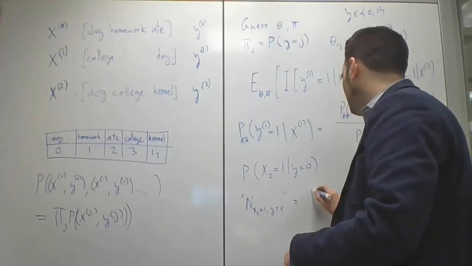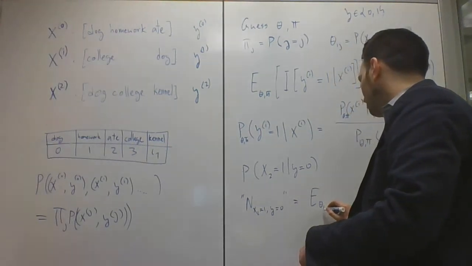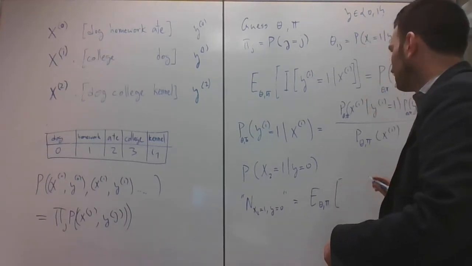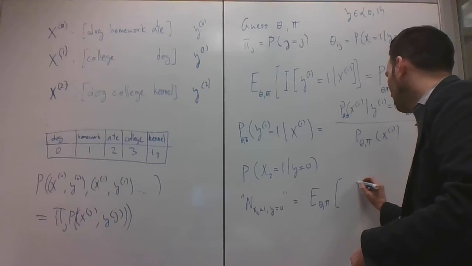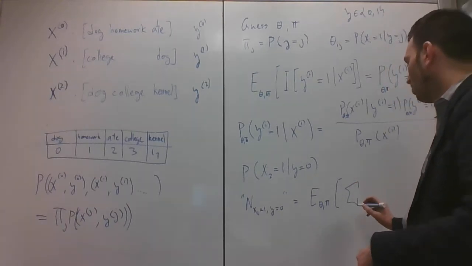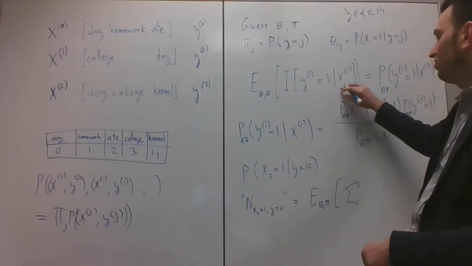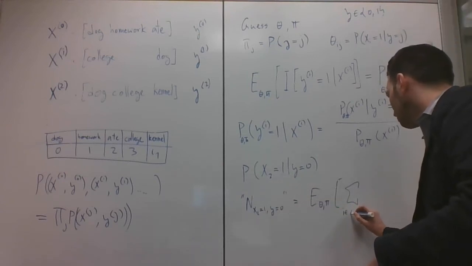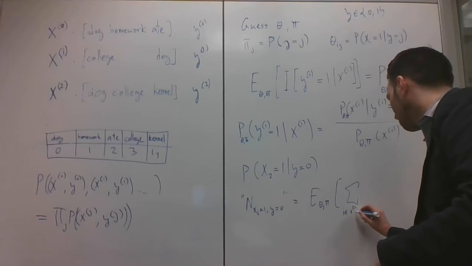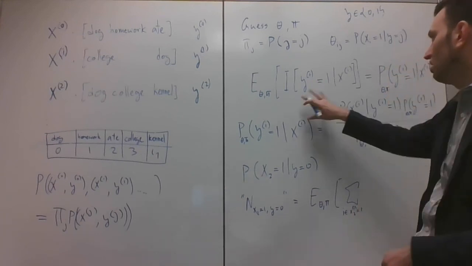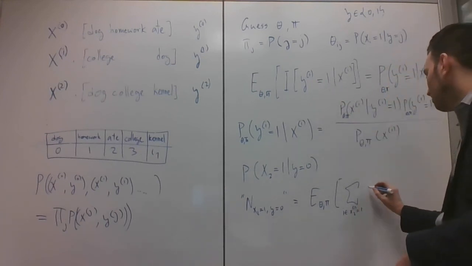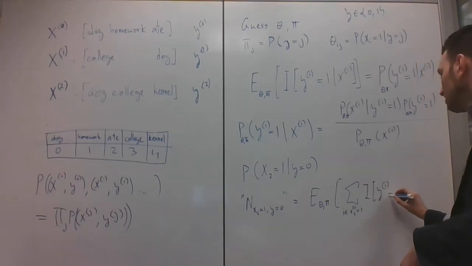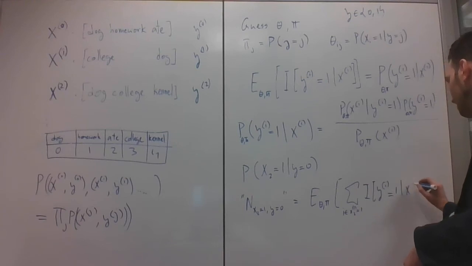That's going to be the expectation under theta and pi of the sum over all the i's such that x2 is equal to 1 of the indicator that yi equals 1 given xi.